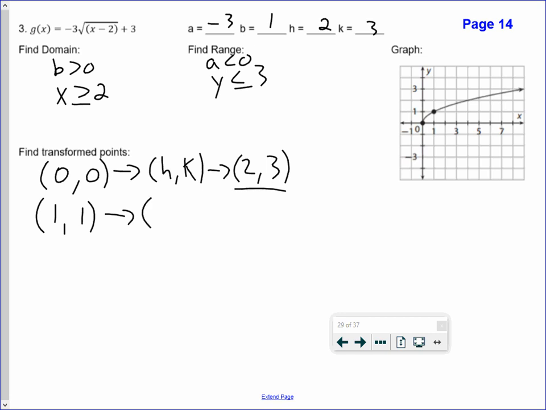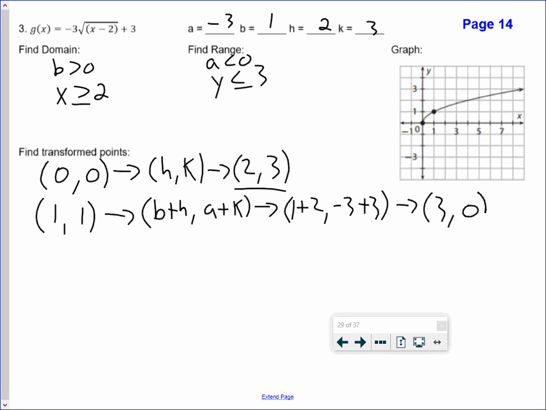For 1, 1, it comes from b plus h and a plus k. So when we transform that point, our b term is 1, our h is 2, our a is -3, and our k is +3. We add that up and we get 3, 0. So we have our second point now.